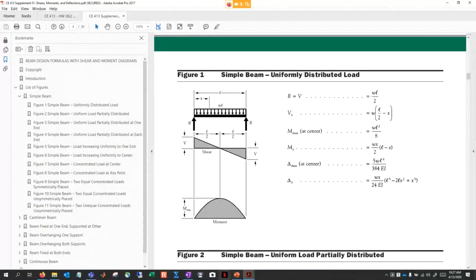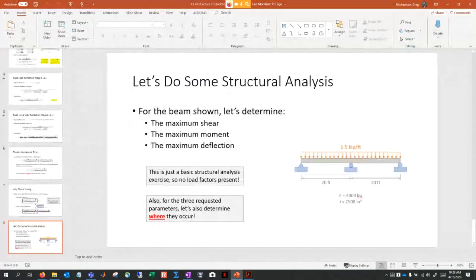So the first thing I'm going to ask chat to do, and I'm going to give everybody a second, I want chat to go into this and tell me which figure is applicable for this problem.